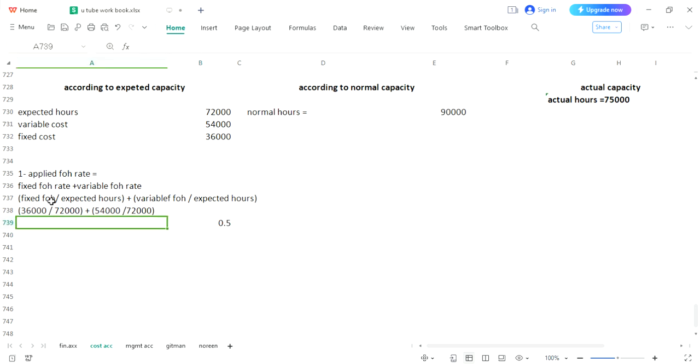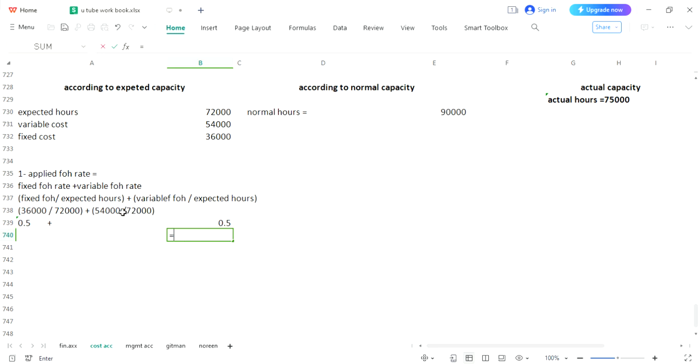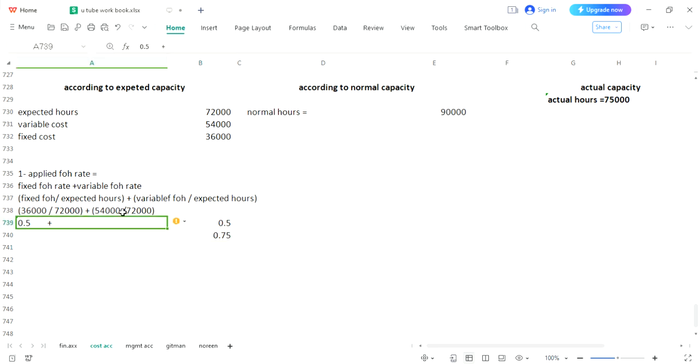You can put 0.5 over here, and then you need to add variable FH rate. Its working would be done over here. We are following this bracket, 54,000, and it would be divided by 72,000. So we have got our variable FH rate.